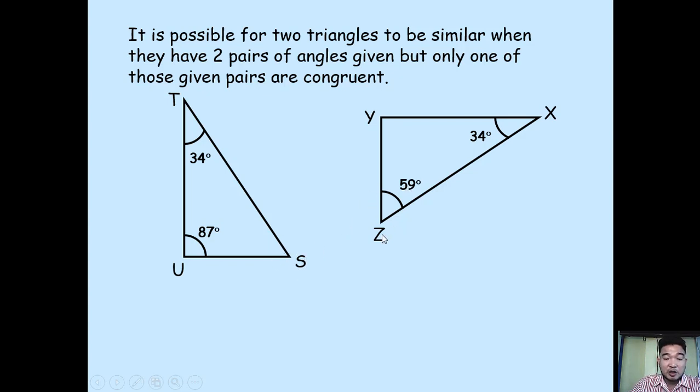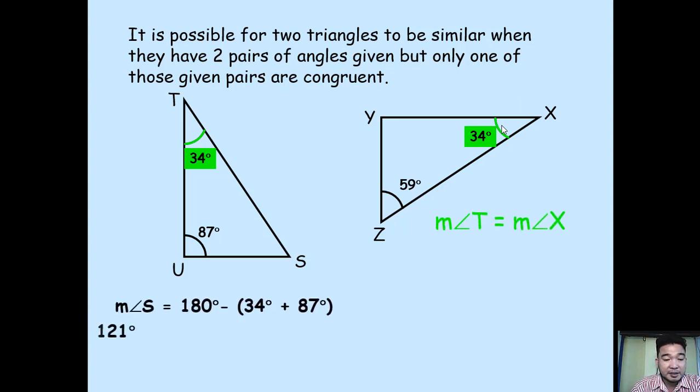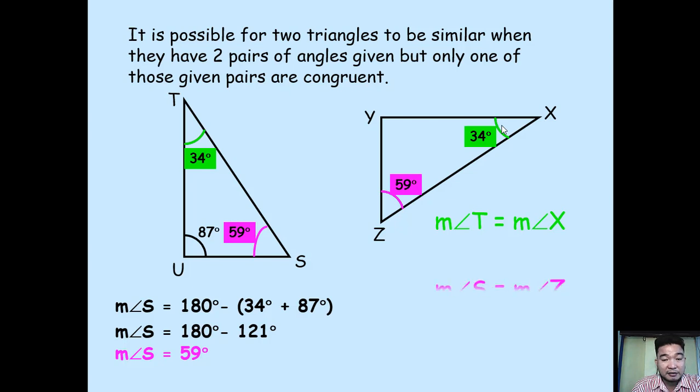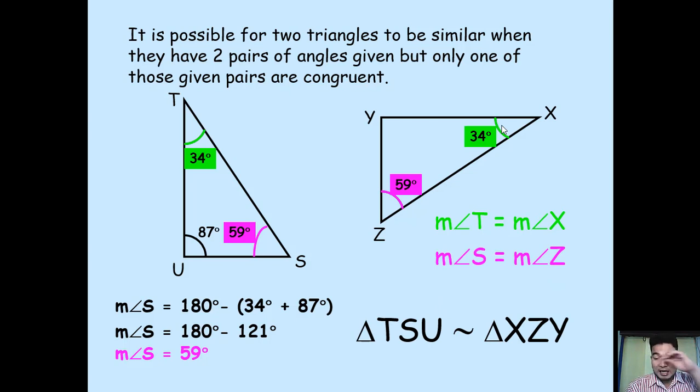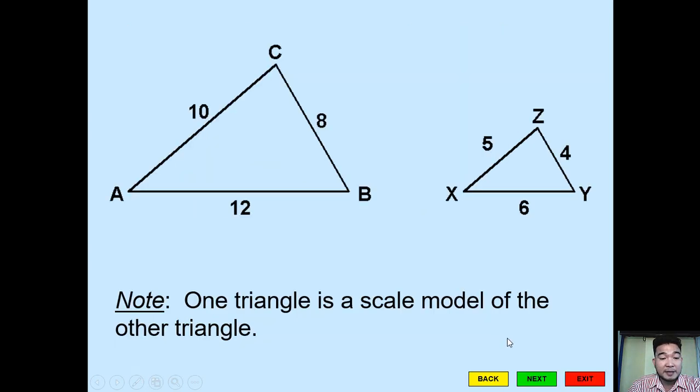And angle S corresponds to angle Z. Then angle X is 34, which are congruent to one another. So there you go, we already have two pairs of congruent angles. So we may say that the two triangles are similar. Triangle TSU is similar to triangle XZY.